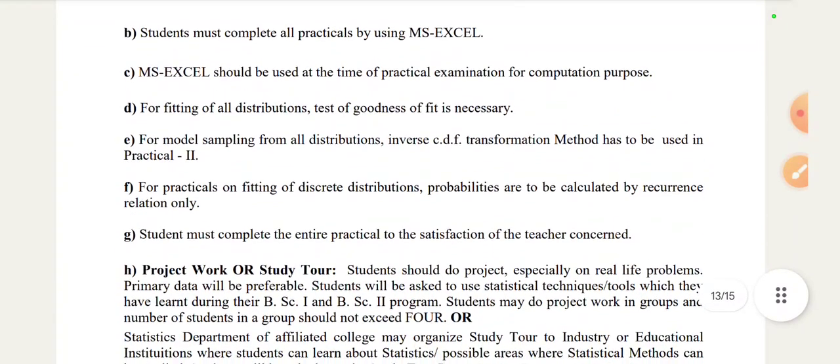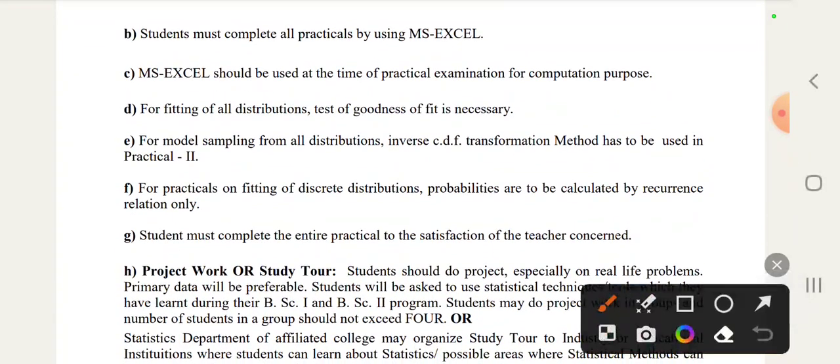So what are the requirements? See, these are the requirements. The first requirement is that the student must complete all practicals by using MS Excel. So throughout this year you have to complete all your practicals on MS Excel. Previously the students were using calculators, but the syllabus is revised for NEP 2020, and accordingly you have to understand and perform all your experiments through the software.